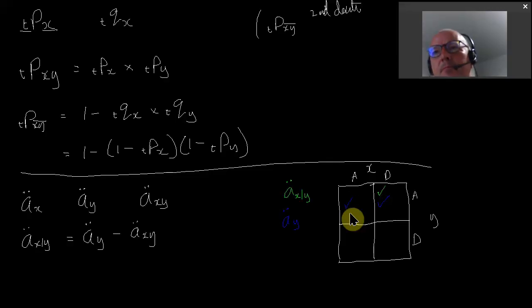Now let's look at A.XY. This, remember, pays out when both lives are still in play. So this pays out when X is alive and when Y is alive. So at every point in time, this diagram tells us what is being paid.